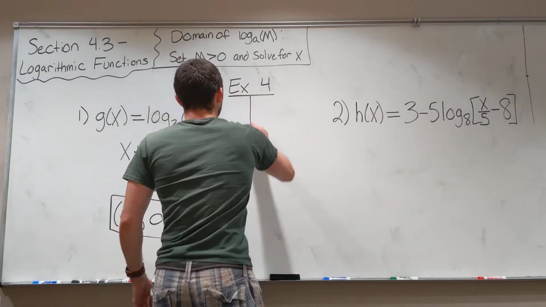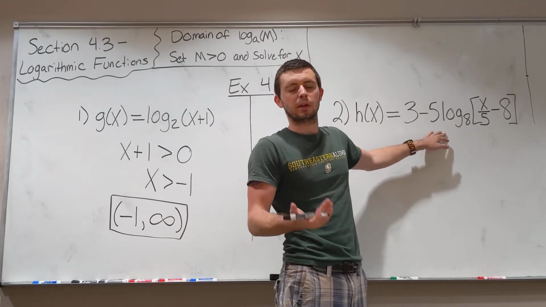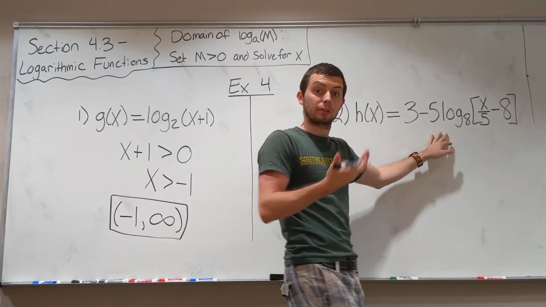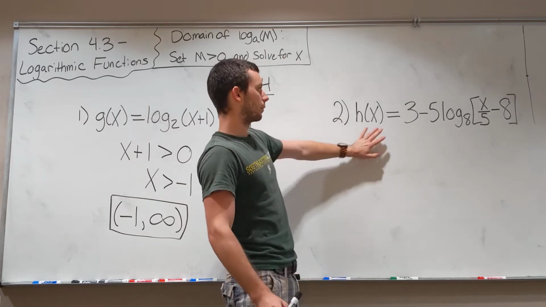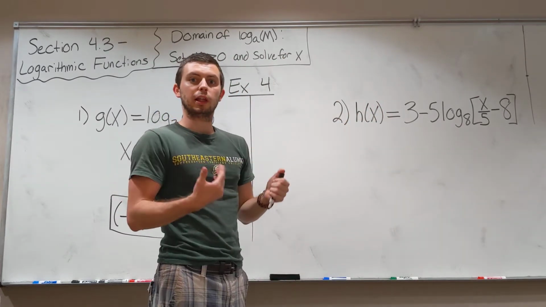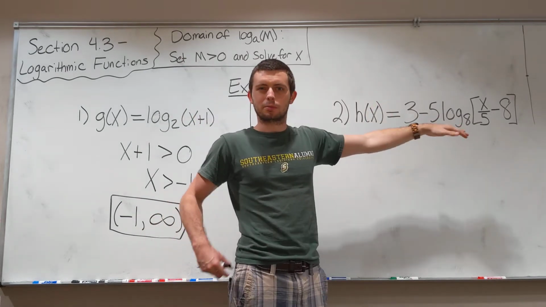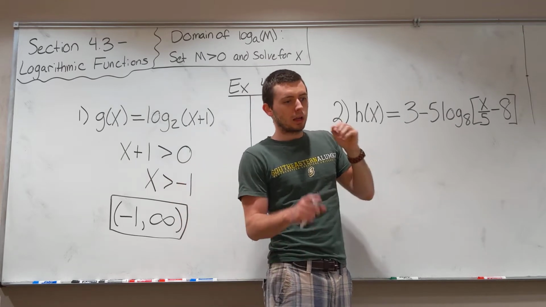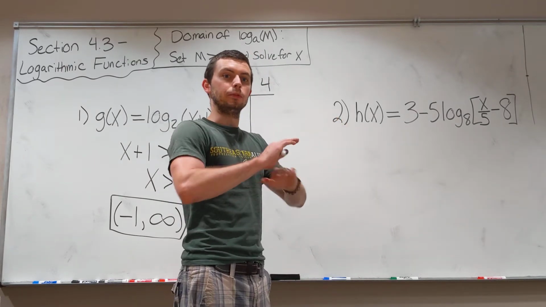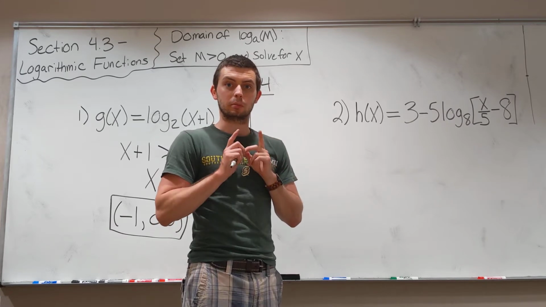So let's go ahead and look at probably the most challenging domain-based problem, at least aesthetically. So this problem is complex in the sense that it throws in a whole bunch of extra numbers. However, these numbers don't matter other than what the logarithm is evaluating.